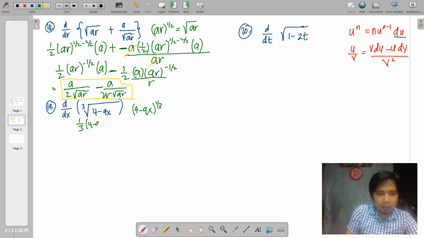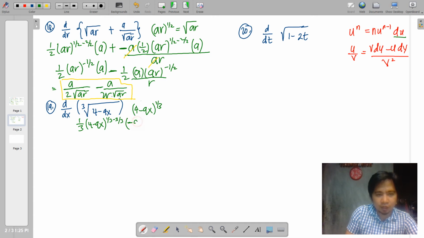(4 minus 9x). We subtract 1 unit, say minus 3 all over 3, and then differentiate the internal terms, say 4 minus 9x. So the differential of 4 is 0, so I'm not going to place that anymore. And then negative 9.